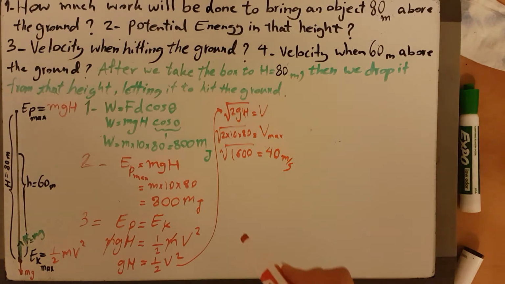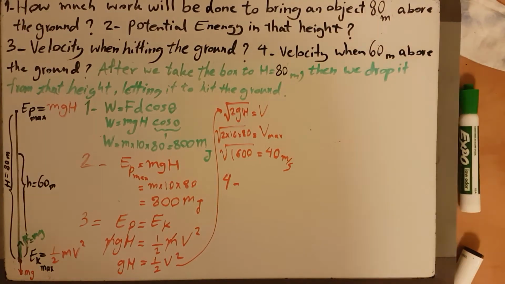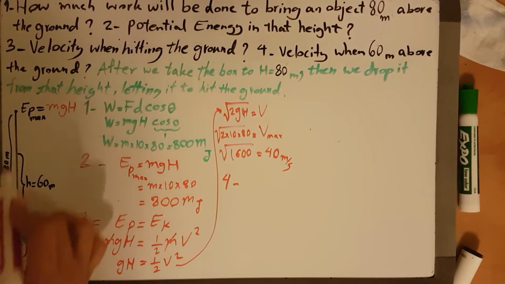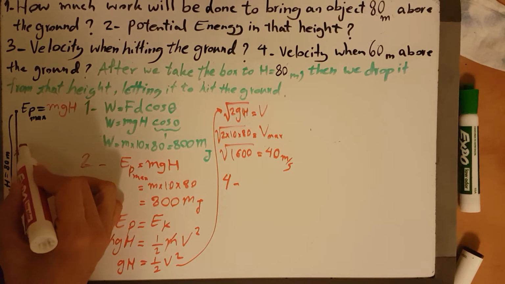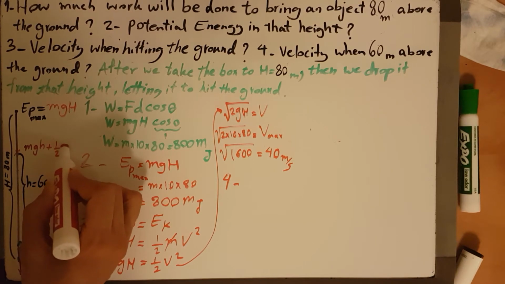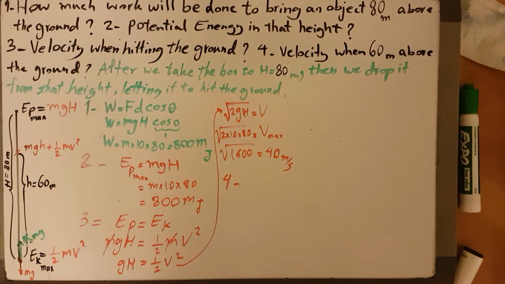Now let's solve part number 4, which is asking for velocity when I am 60 meters above the ground, which I am in this point, and in that point I have both potential energy and kinetic energy, but of course less of each, but the addition must equal this and this.